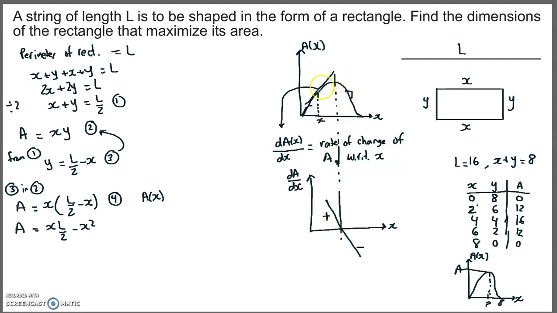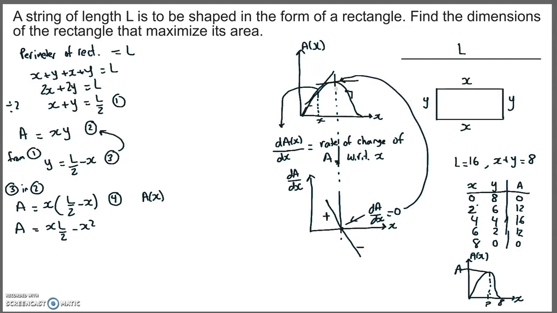So on one side of the curve, dA by dx is positive because the function is increasing. On the other side, dA by dx is negative because the function is decreasing. But somewhere in between, exactly where the slope becomes equal to 0, we'll find that dA by dx equals 0. So when dA by dx equals 0, that corresponds to the maximum of the function.